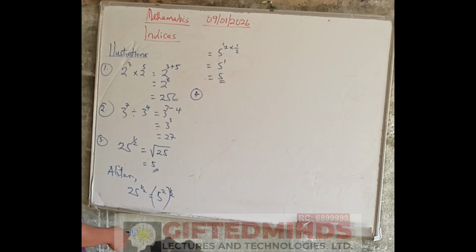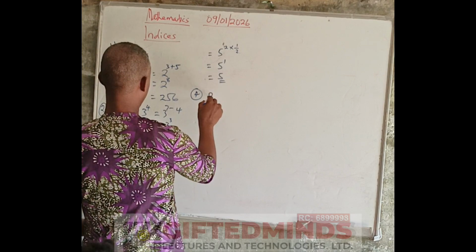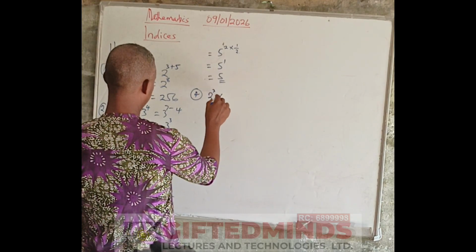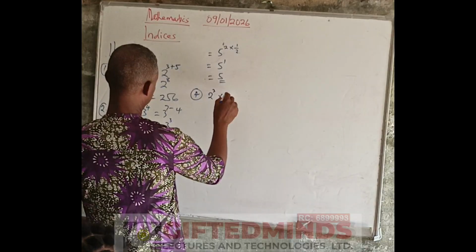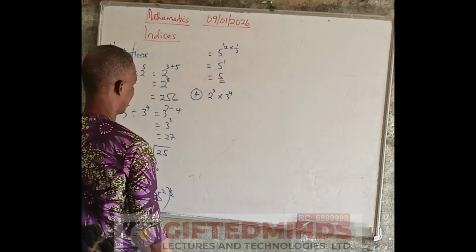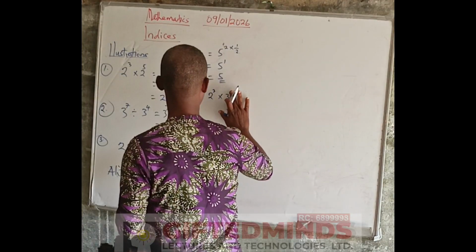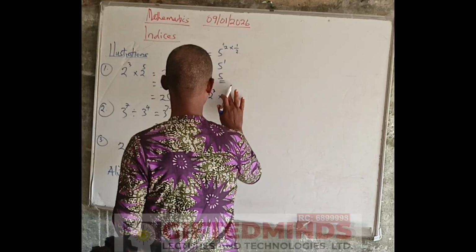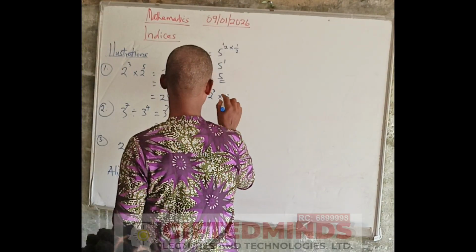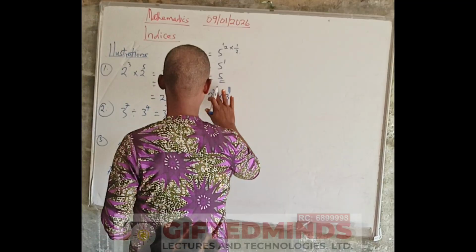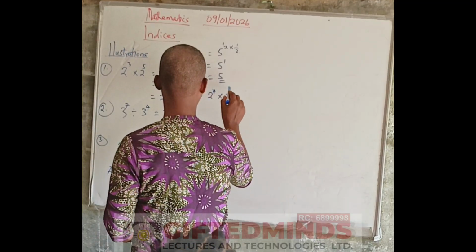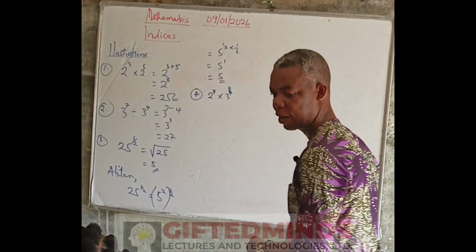Then the next one is, if you have 2 raised to power 4 times 3 raised to power 4, right?